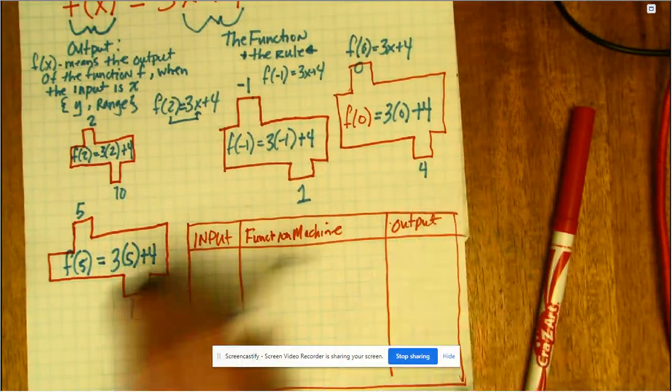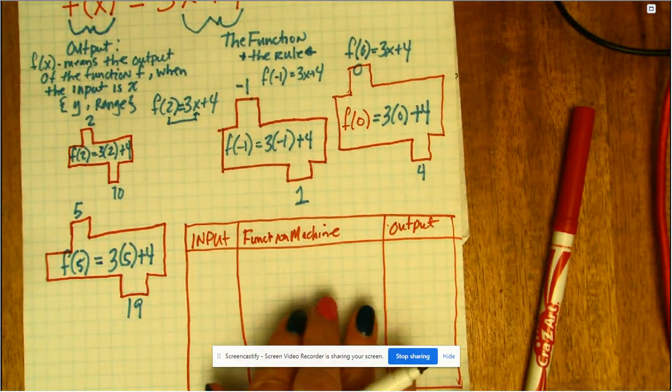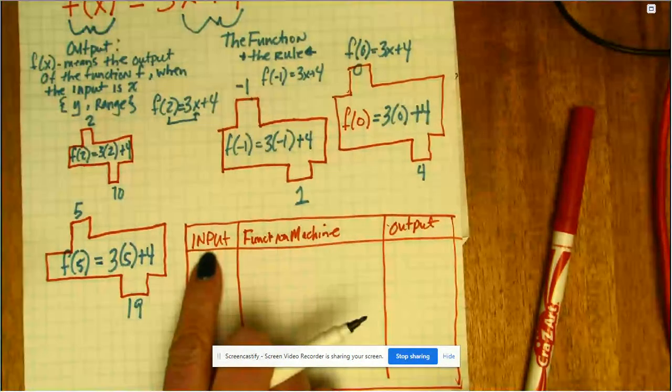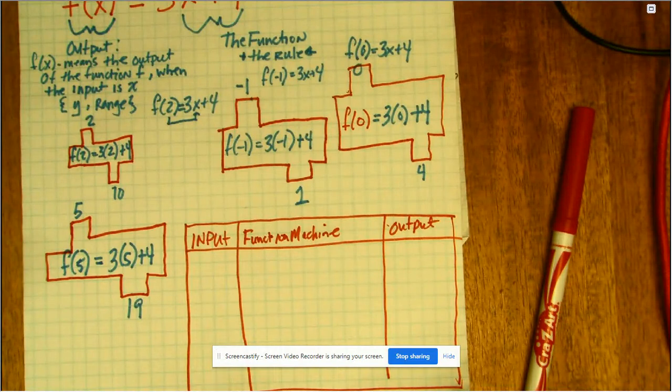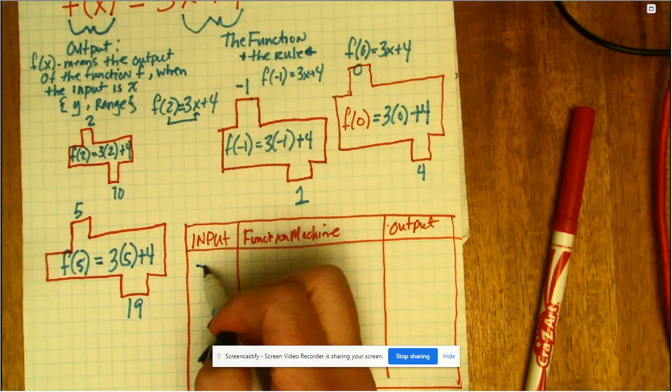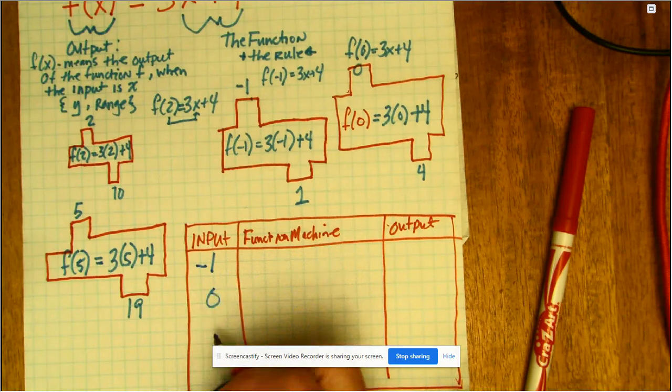If I was going to organize this information, I would make my input smallest to greatest. So -1, 0, 2, and 5.